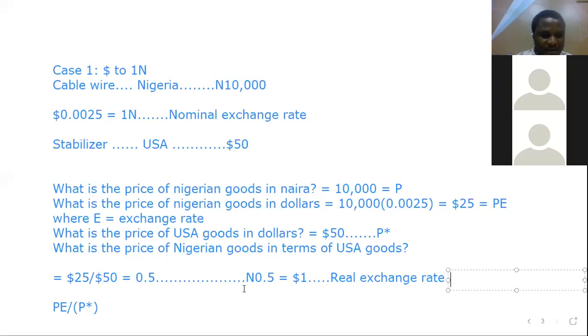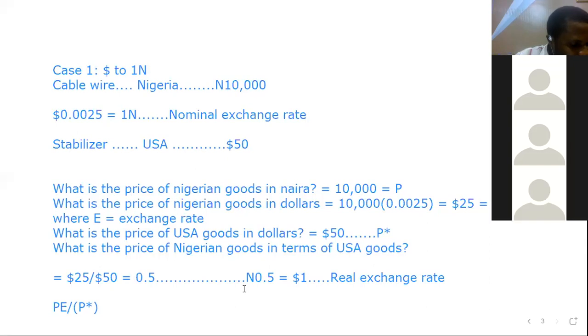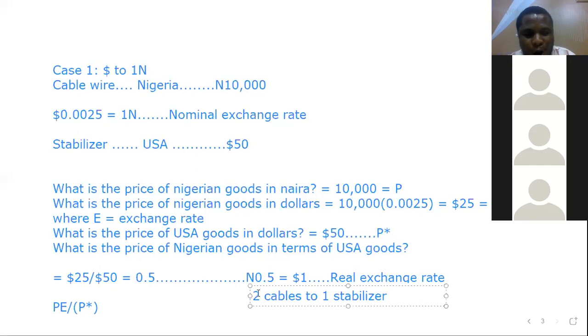In other words, it becomes 2 cables to 1 stabilizer. Or, remember, this case is naira to dollar, or 0.5 stabilizer to 1 cable.